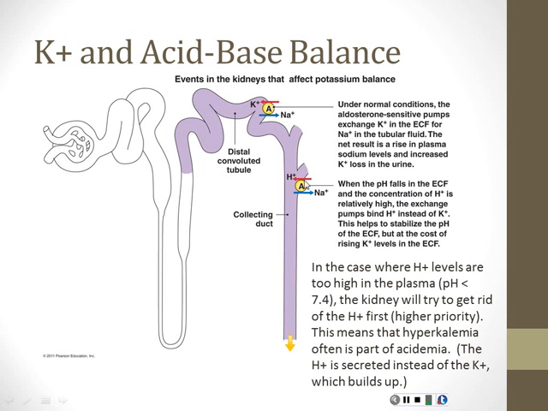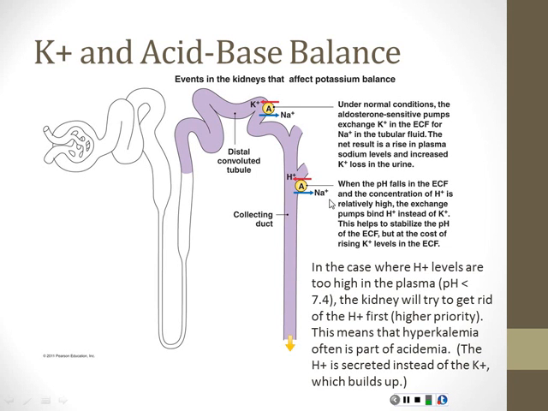The body only works right in a very narrow pH range, which we're going to talk about in a minute. So the kidney has a choice, so to speak. It can get rid of potassium or it can get rid of hydrogen ion, because this is the same pump. It can do either thing. And what happens is the hydrogen ion takes priority.